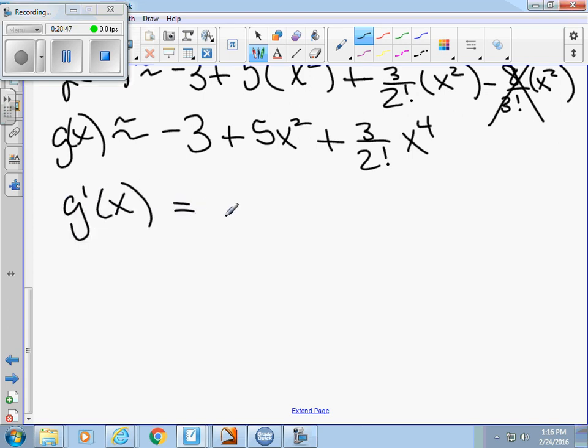Start with the first derivative. And I get 10x plus 12x cubed over 2 factorial. You can do whatever you want. When would this equal 0?